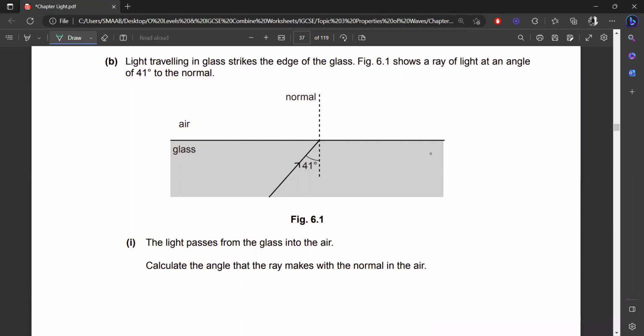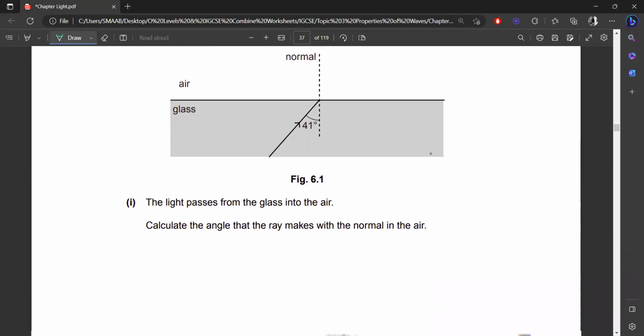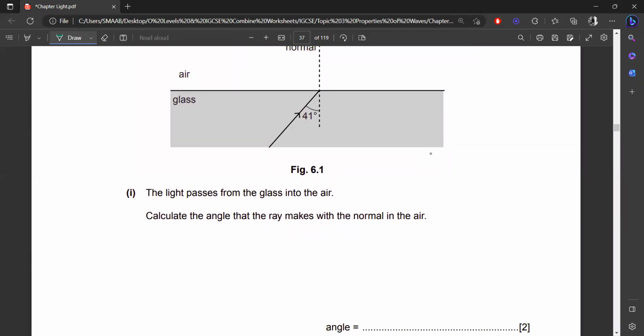So which formula will help you to find the angle? n is equal to sine i over sine r? So we have to calculate the refraction angle, right?